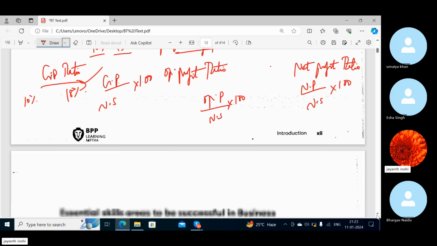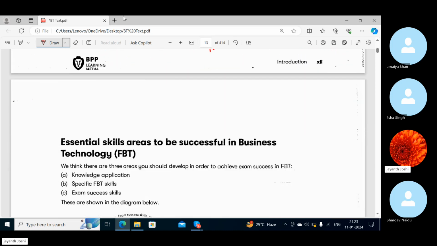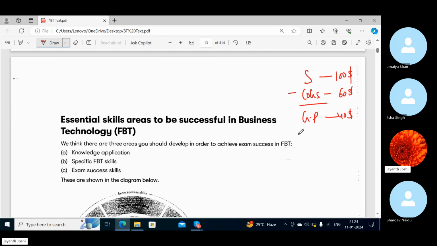Okay, and we will put a small income statement here. It is sales, $100, less COGS, $60, gross profit, $40. Then you have operating, administration and selling expenses of $10. Let's say other incomes, you have other incomes of $10.